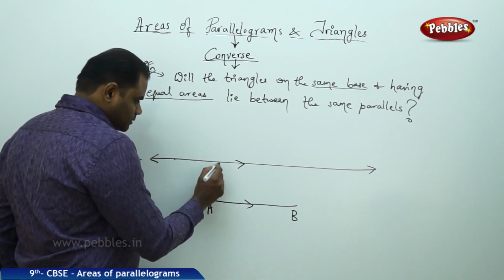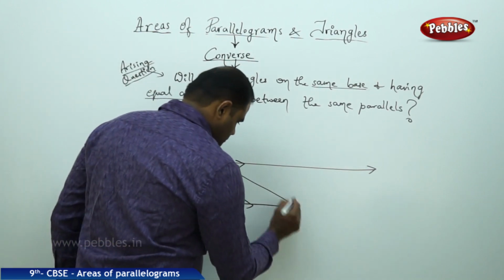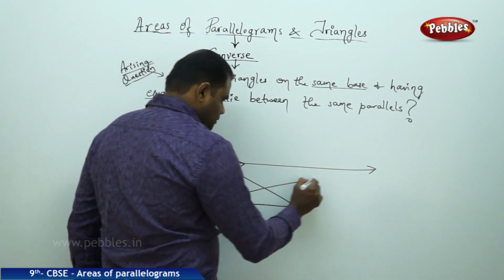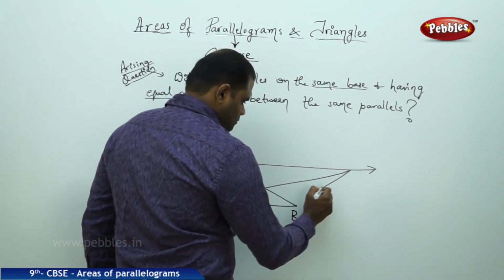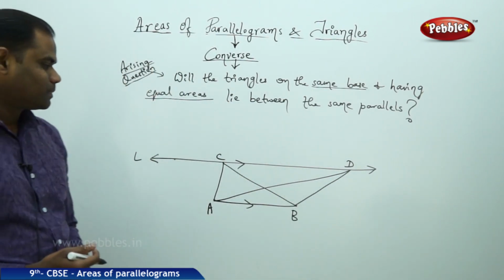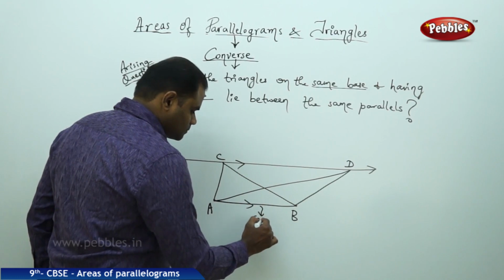Let me take one triangle out here, and the other triangle out here, which are on the same base AB.